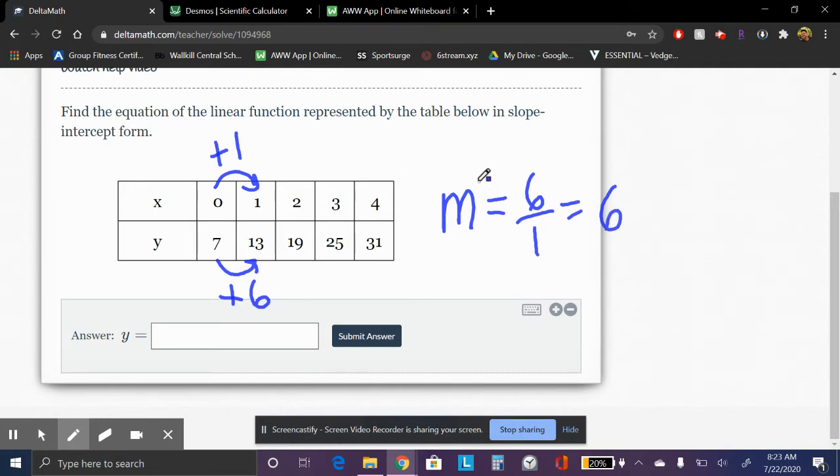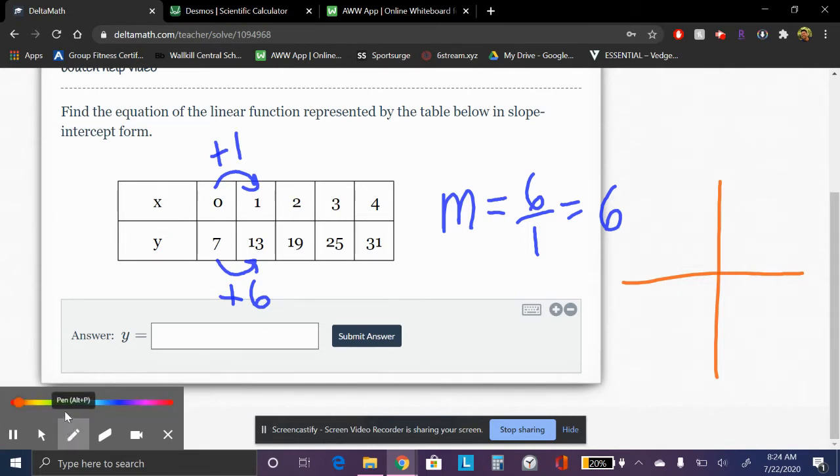Now my b value is where the line hits the y-axis. I'm going to draw a little bit different looking diagram over here. If I have a line, this line is going to intercept the y-axis at this point right here. The x coordinate of that point is always going to be 0.